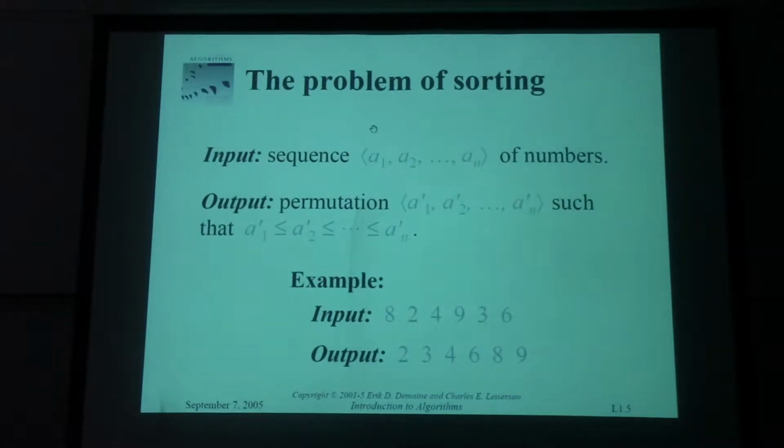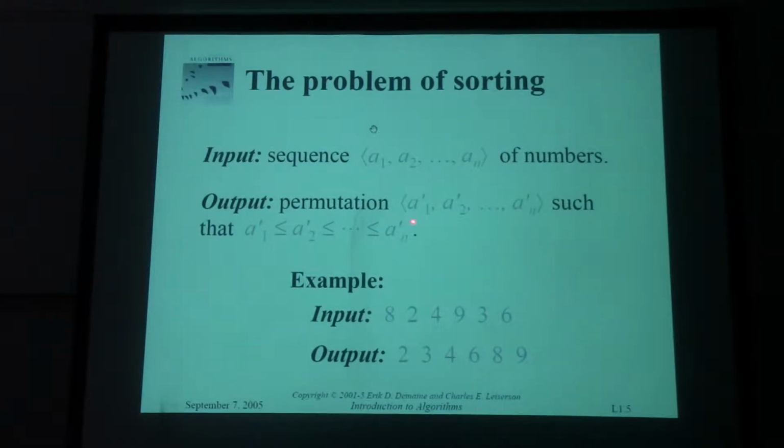So the idea is you have an input sequence, which is A1, A2, up to AN. The numbers 1, 2 simply mean that this is the first element of the sequence, the second element; it doesn't mean they're in order, it just numbers the sequence. So the output of the sorting is a permutation of A1 prime.